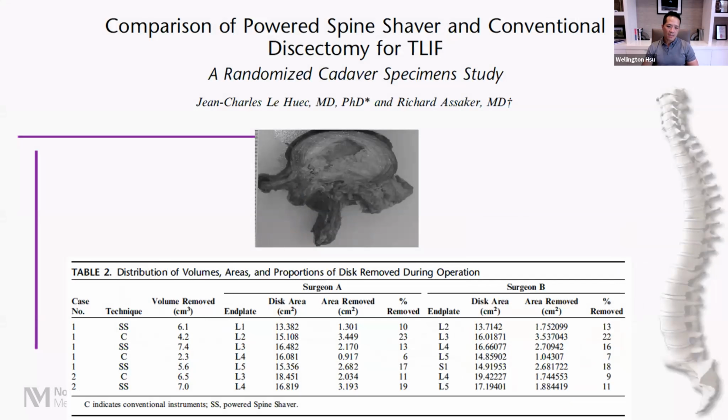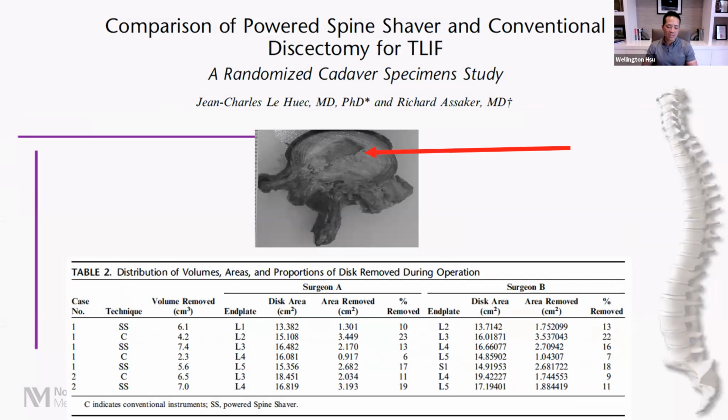But the problem is that when we do a TLIF, I would say open or MIS, we take a lot less of the disc than we think. So this is one cadaveric study that looked at your handiwork. They had surgeons do a discectomy from an open approach, take out as much disc as they think that they took out, and then measure the percentage of area removed.